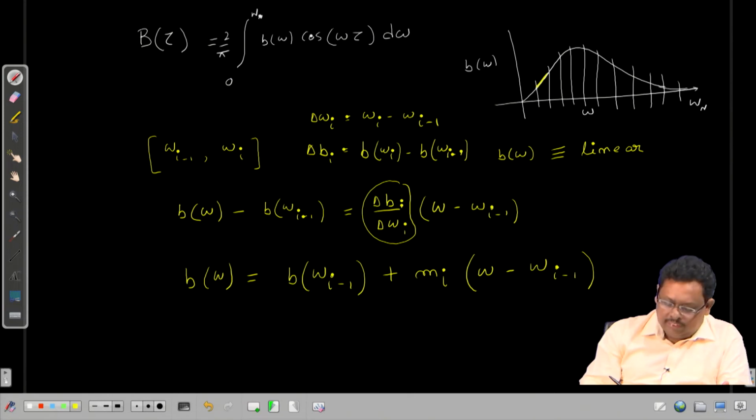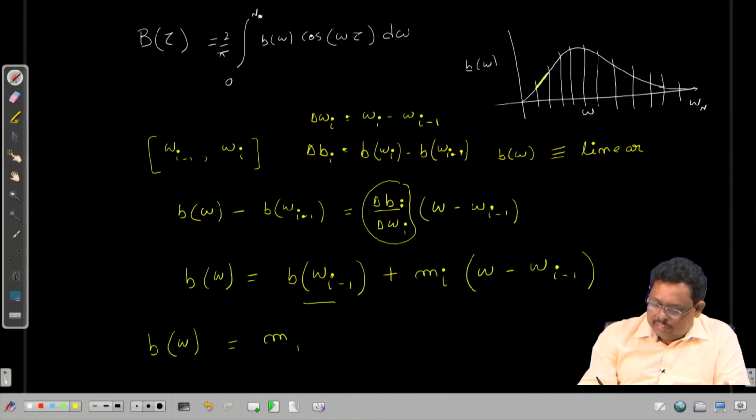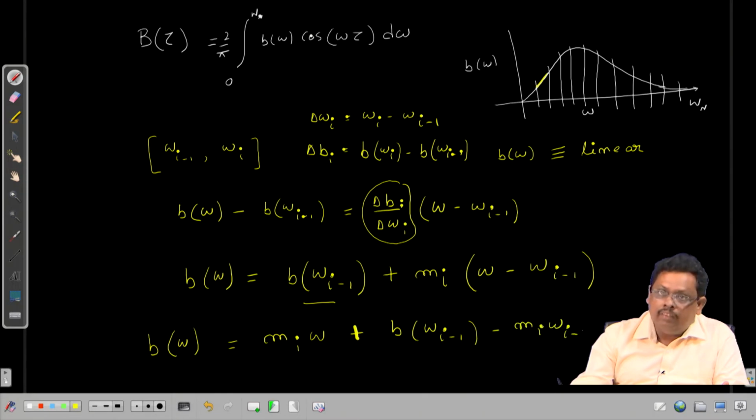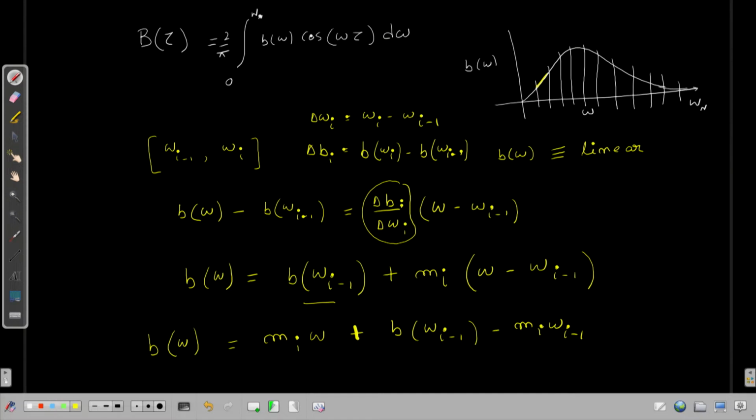Now I can call this b(omega) equal to, now this and this term are constants, so I just split it into 2 terms. I can call m_i into omega, then plus b(omega_{i-1}) minus m_i into omega_{i-1}, and this we can call some constant, C_i.